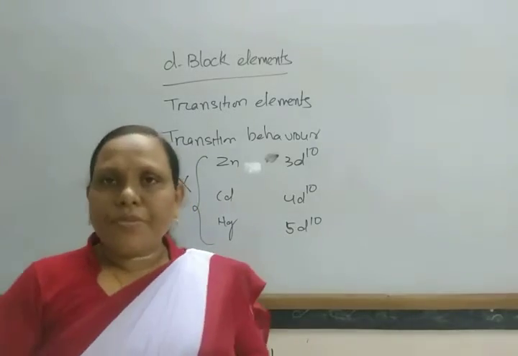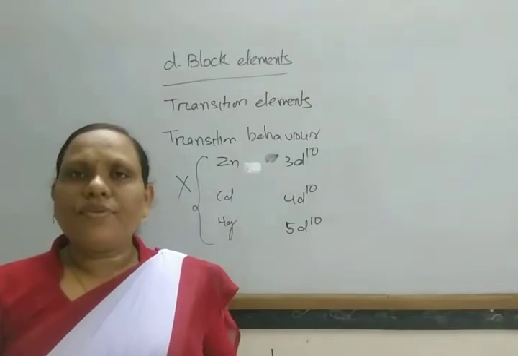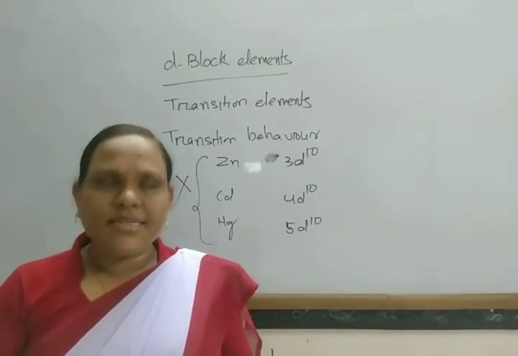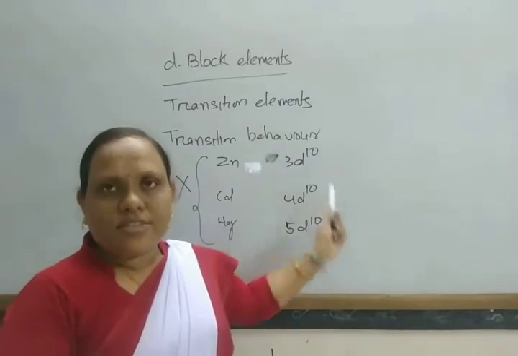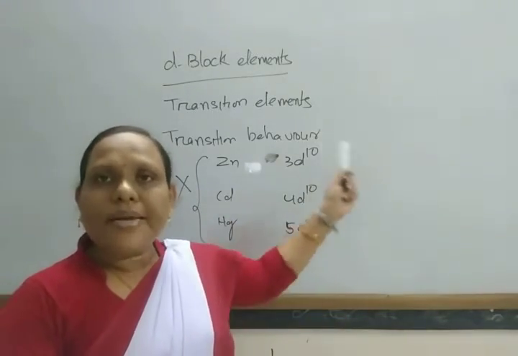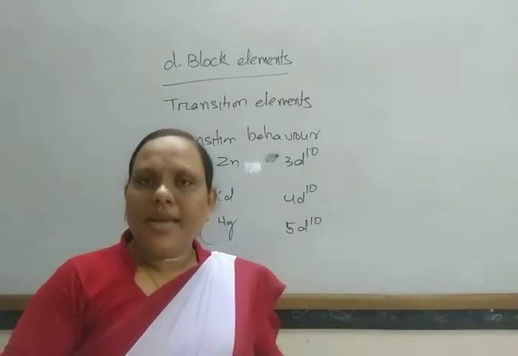Zinc, cadmium and mercury have different behavior from other transition elements, and as they have a completely filled d subshell, they are not known as transition elements.